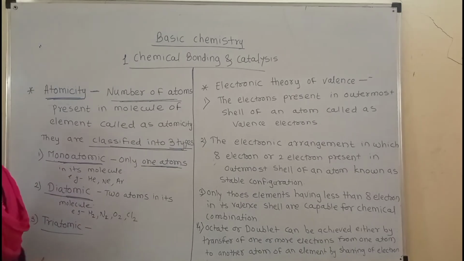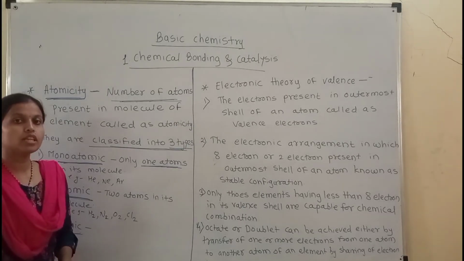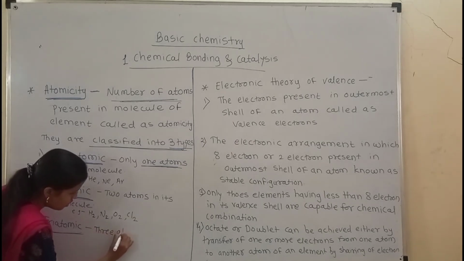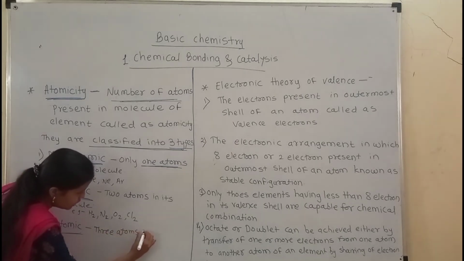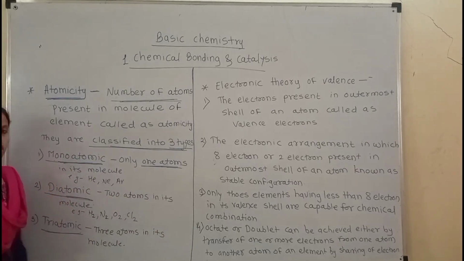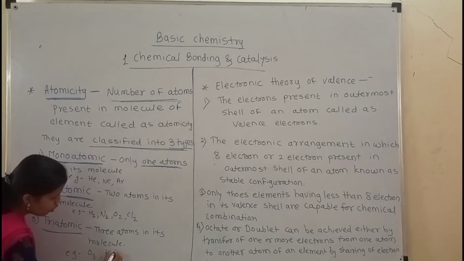Next, the third type of atomicity is triatomic. Triatomic means the molecules which have three atoms present in the molecule. That's why they show triatomicity. For example, ozone and the water molecule.